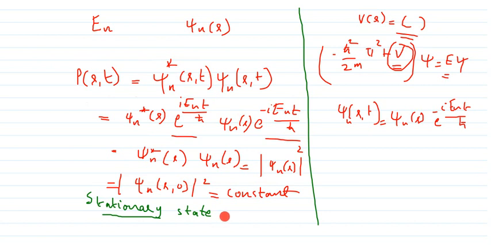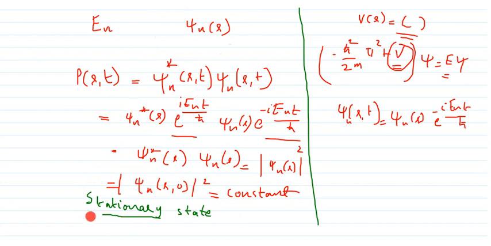So in the case of the time independent Schrodinger equation, if one is using the eigenfunctions of the Hamiltonian operator, or the eigenfunctions of the corresponding operator, then we will have stationary states, that means time independent states.